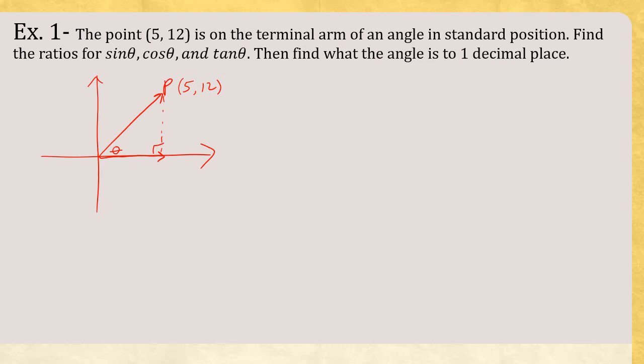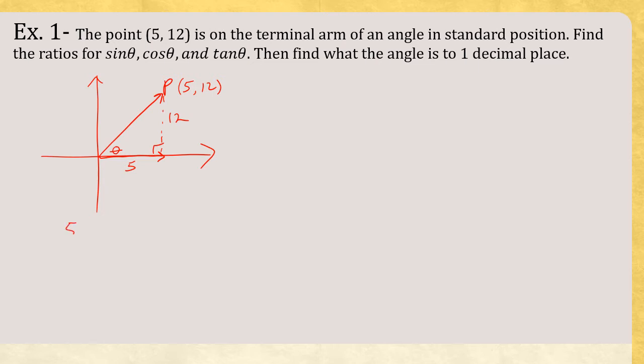So how do we figure this out? Well, if x is 5, that tells us this distance is 5. y is 12, so that distance is 12. The only thing you are missing is your radius, your hypotenuse. How do you get that? That's a 90-degree triangle, so the Pythagorean theorem: a squared plus b squared equals c squared.